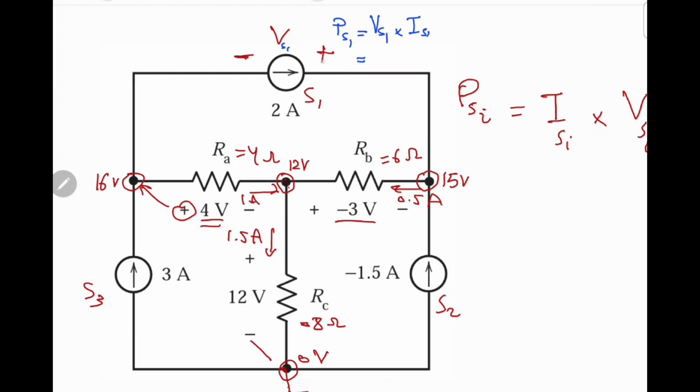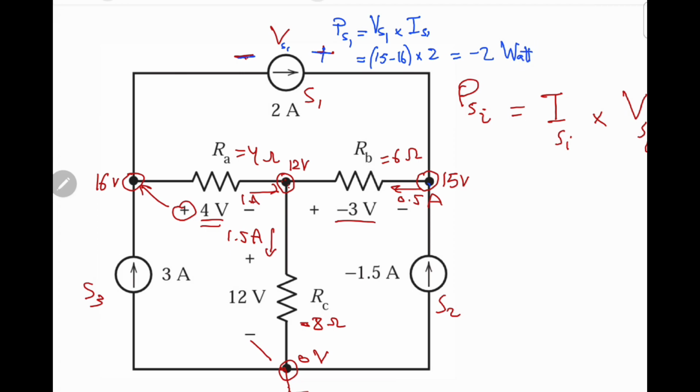So this is how we put the plus minus. So it's 15 minus 16, so the voltage difference here is 15 minus 16 multiplied by IS1, which is the current leaving the source, which is 2 ampere, and the answer will be minus 2. So it's minus 2 watt.